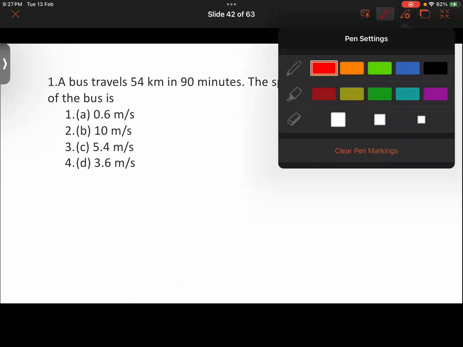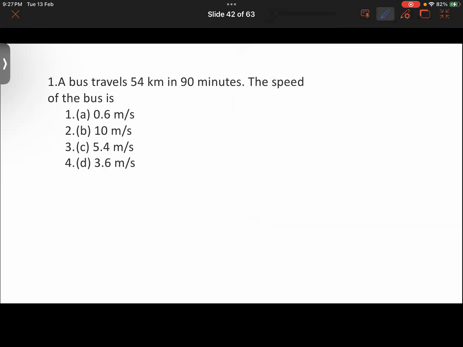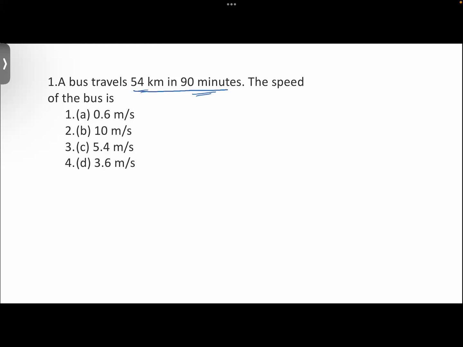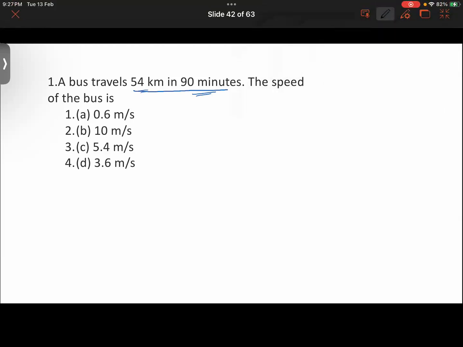Okay, now in this question, you have to convert it into meter per second. So how do we do that? It is 54 kilometer and 90 minutes. So you can't use the direct formula. So 18 by 5? No, you can't use that, because you do that whenever the given value is in kilometer per hour.